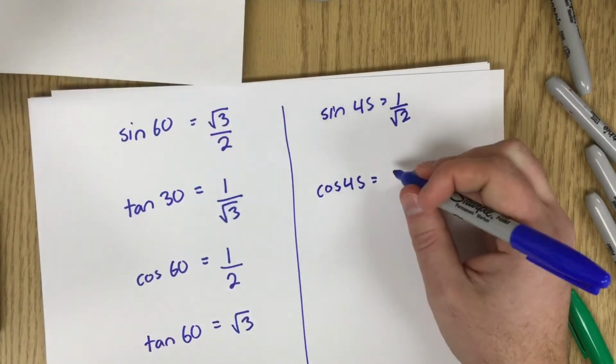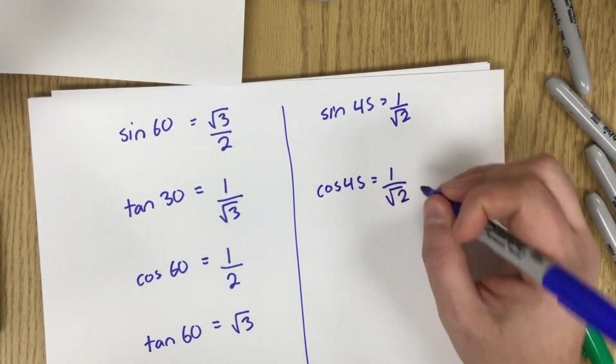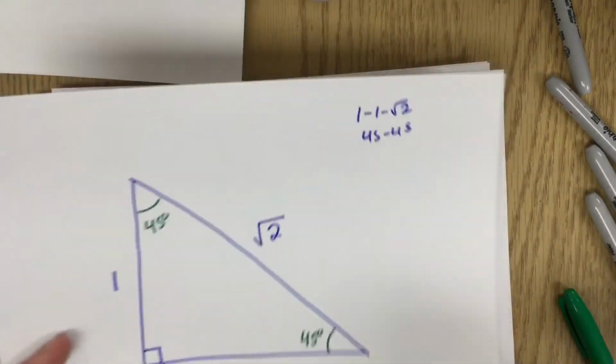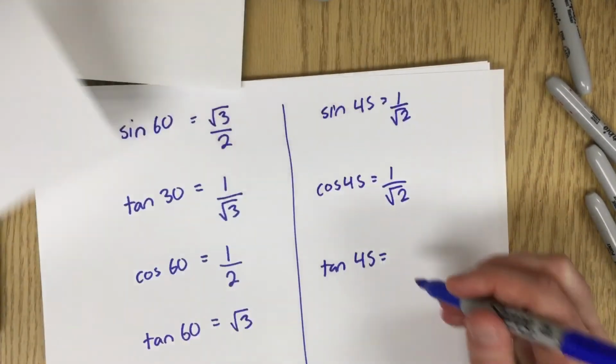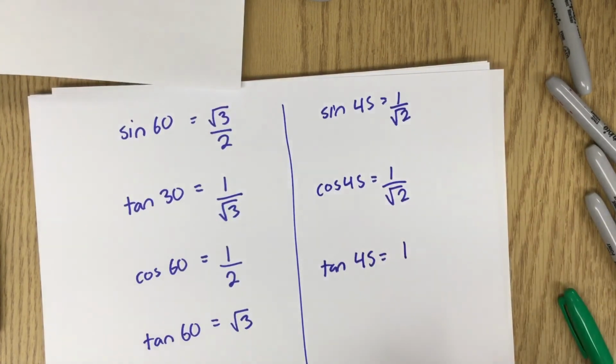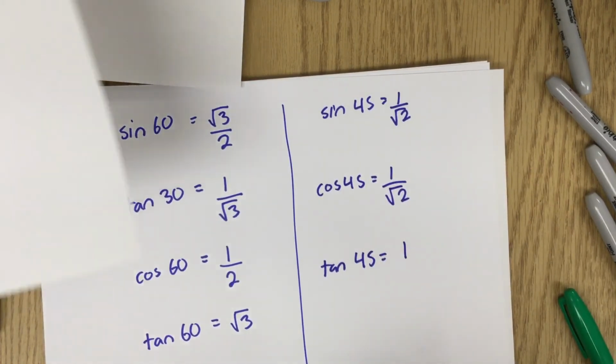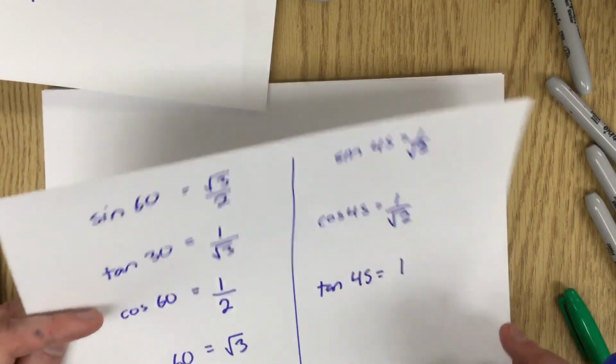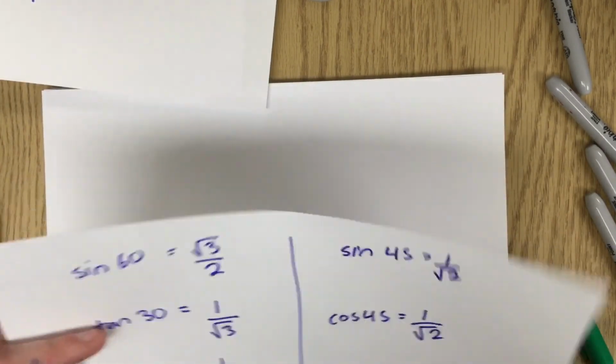It's still going to be 1 over root 2. And the tangent of 45 is opposite over adjacent, which is 1 over 1, which is just 1. So special triangles essentially allow us to do trigonometry without using the calculators for certain special angles.